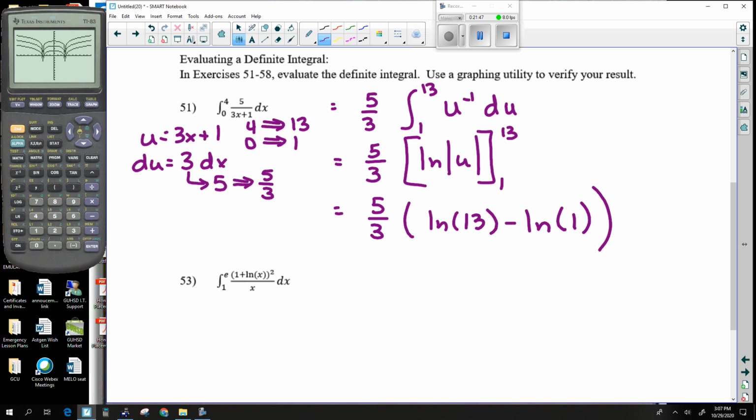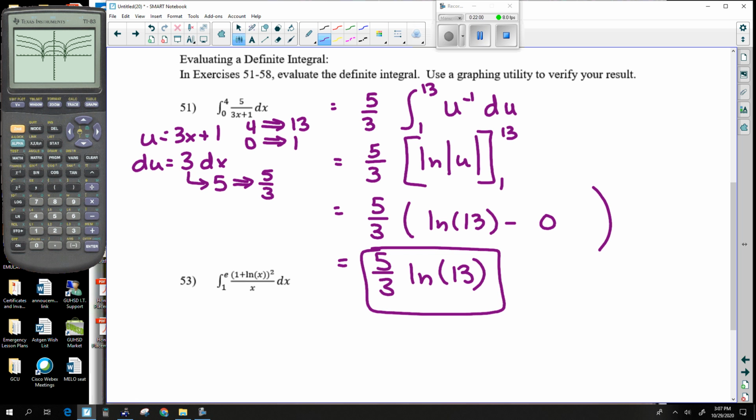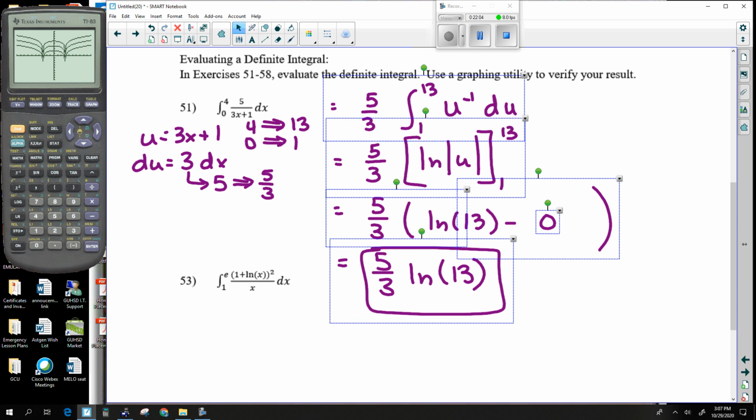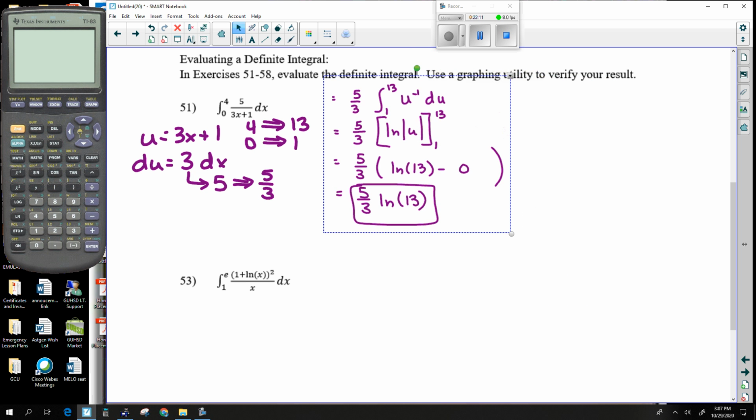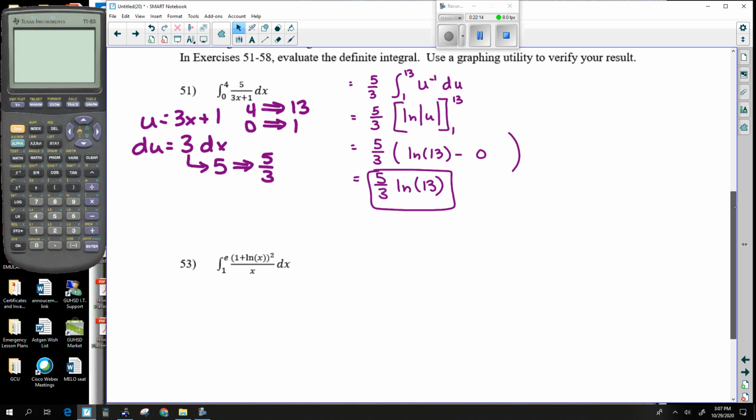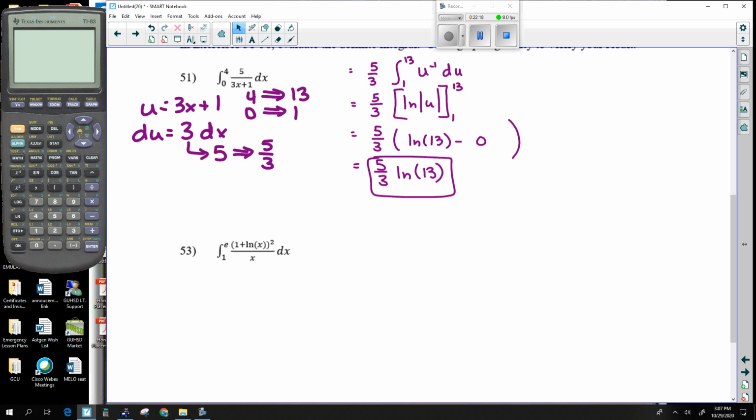Okay, ln of 1, again, as I said, is equal to 0. Notice I do have a 1 over x.